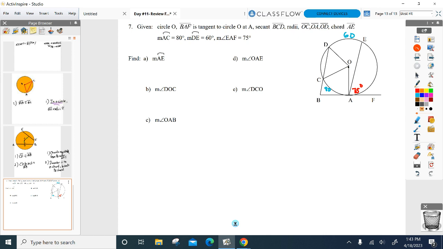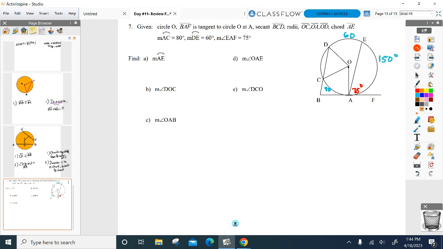Is that the no rule one? No, that's secant. This is tangent and a chord. 1/2 of the arc. So if my angle's 75, how do I get back to the arc? Double it. What do you got for me? 150. All right, you got it.